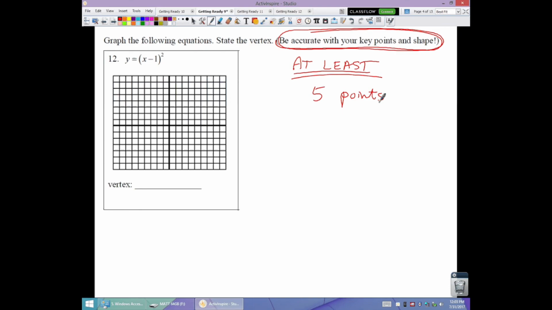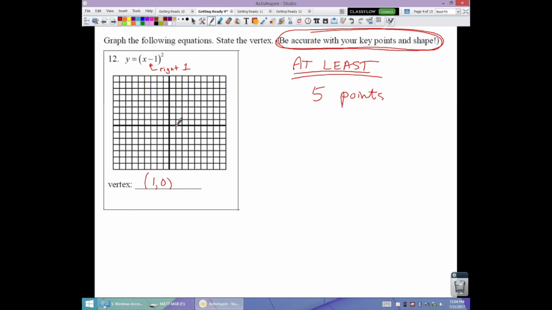X minus 1 squared. Well, from the parent graph, this tells us that we are going to translate right 1 unit. That will make our vertex 1, 0. Since nothing is in front of the parentheses here, though, A remains 1, so it's still going to open up and no dilation.